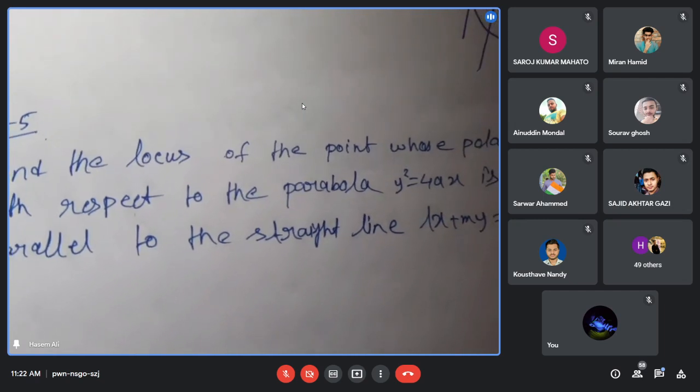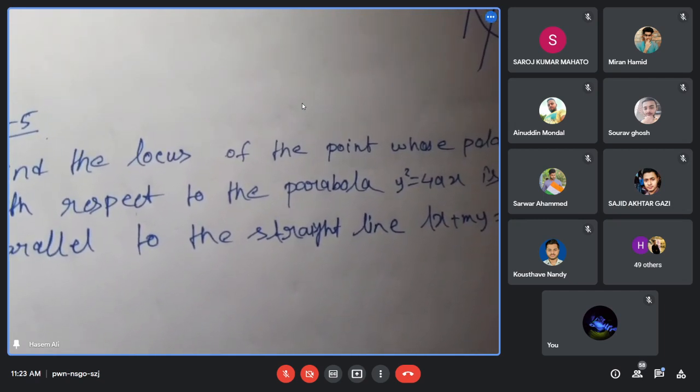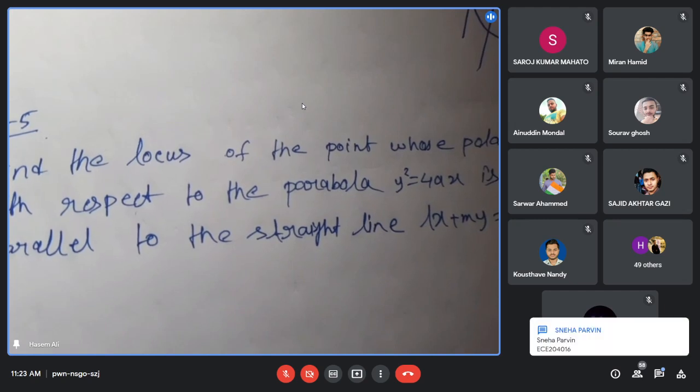Find the locus of the point whose polar with respect to the parabola y square equals 4ax is parallel to this straight line.